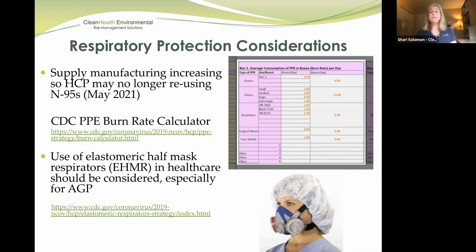Now, that being said, if there's a significant issue with you getting N95 respirators, there's always good faith effort. So you do want to make sure you're documenting what you're doing and what challenges you're having. But as of May 2021, they are really rolling back the allowance to consider and continue using your N95 respirators.